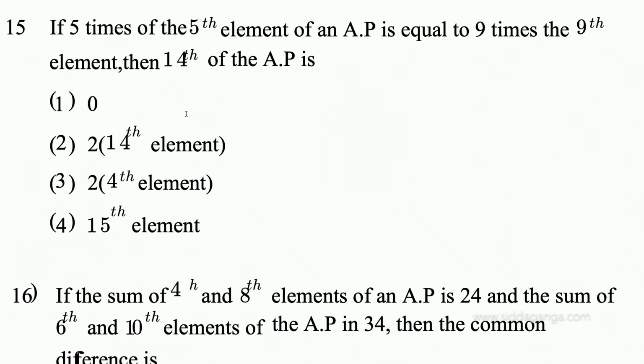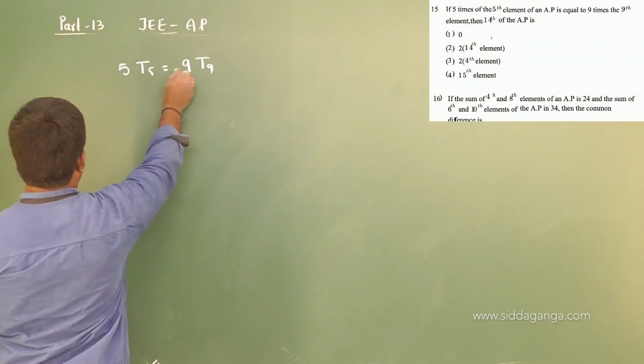Then what is the 14th term of the AP among the 4 options? Yes, the given data is 5 times the 5th element is equal to 9 times the 9th element.